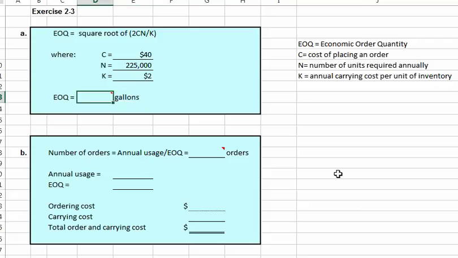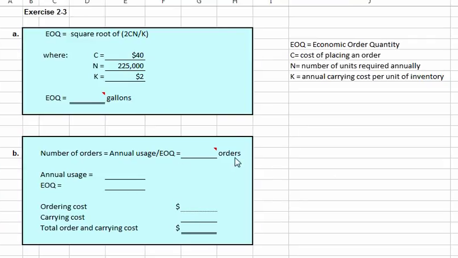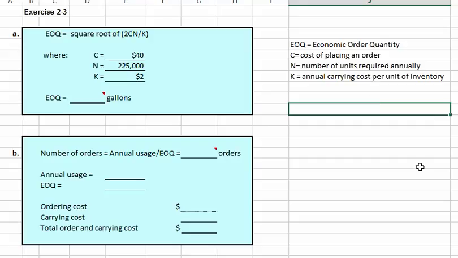Okay, so our economic order quantity, you guys, I'm going to calculate it over here to the side. So first I'm going to calculate the top half of this fraction. 2 times the cost of placing an order times the number of units required annually.